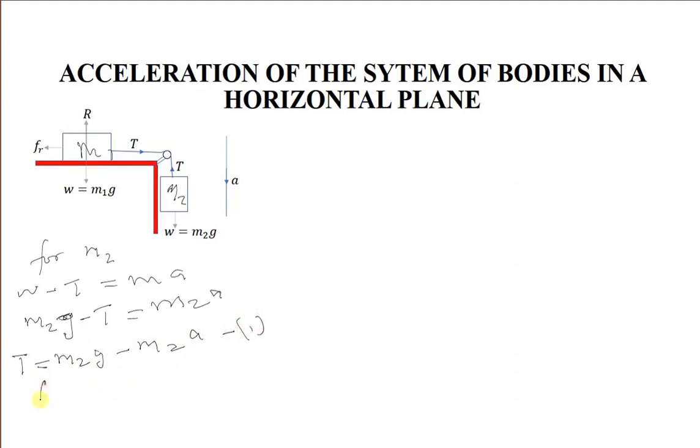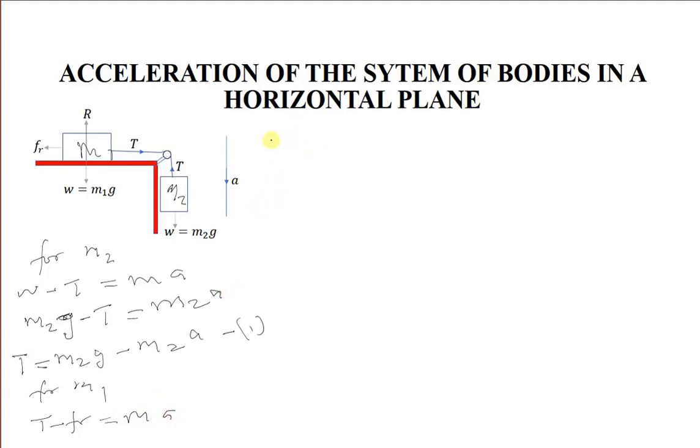Now, for the M1 body, the whole system is moving down. So, tension is moving the body, frictional force is opposing the motion, and that will give us the resultant force.